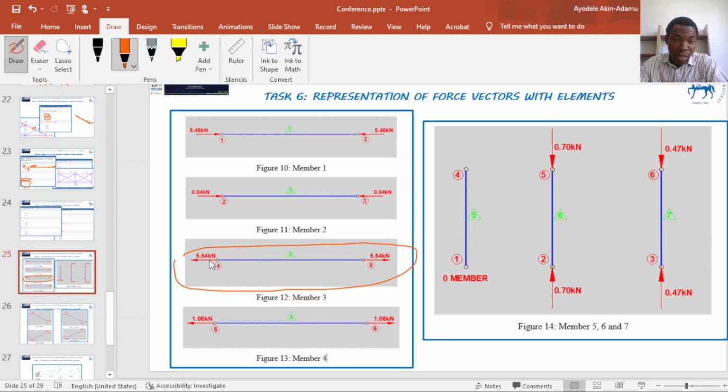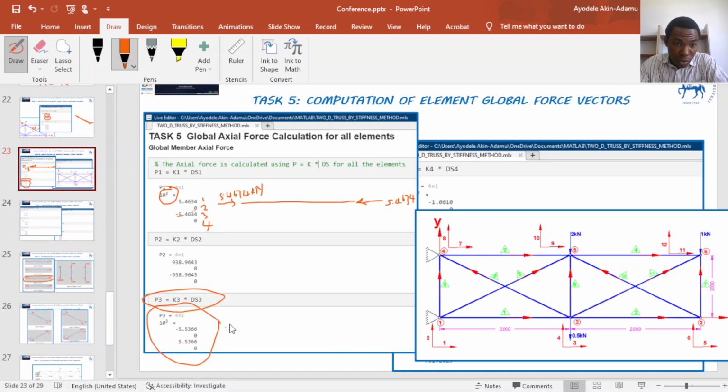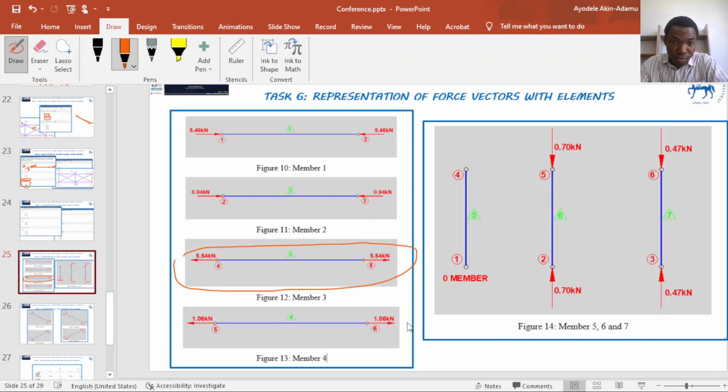The force at node 4 is minus 5.54, which is what we have here, minus 5.5366. At the other node, we have plus 5.536, pointing to the right. So this is in tension, this is in compression, you can see the force direction, this is in compression, this is in tension too.